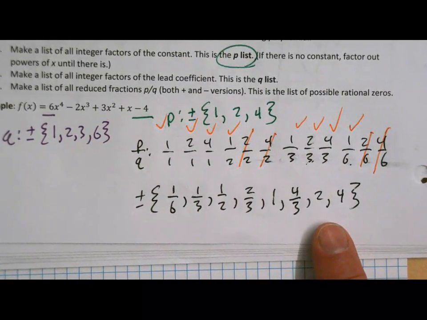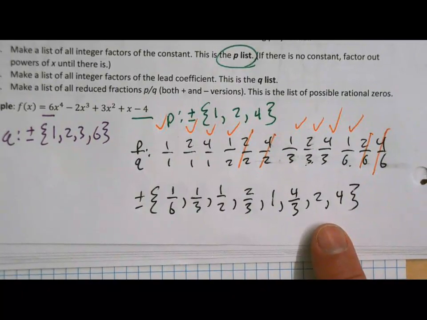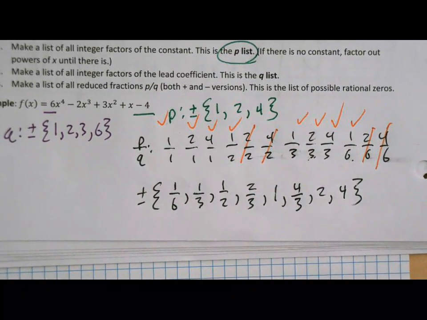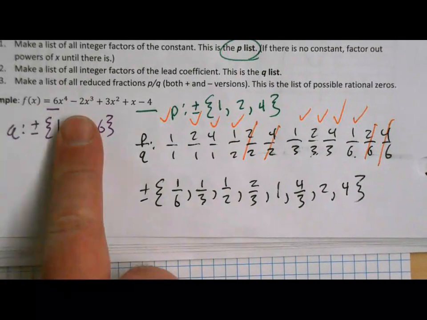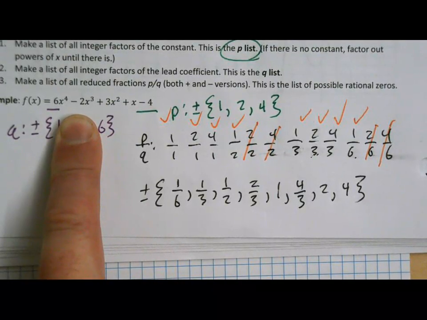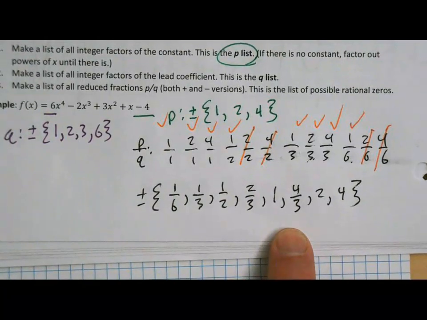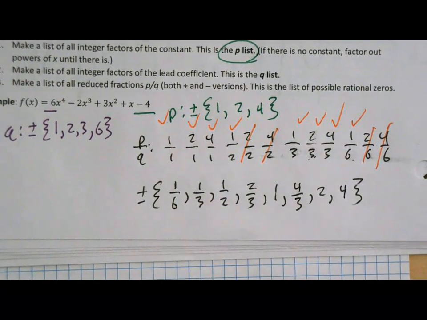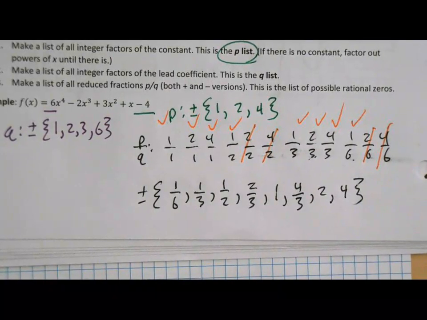Is 2i rational? No, so 2i could be a 0. What about the square root of 2? Could the square root of 2 be a 0 of this thing? Is the square root of 2 rational? No, so this list doesn't help us with square root of 2. This list only helps us to eliminate things that are rational zeros.